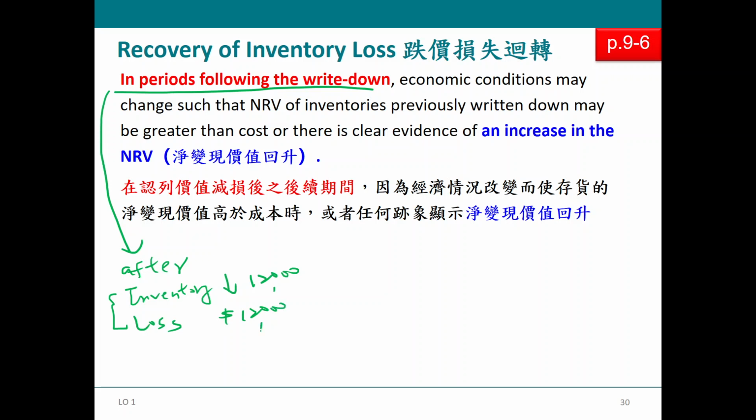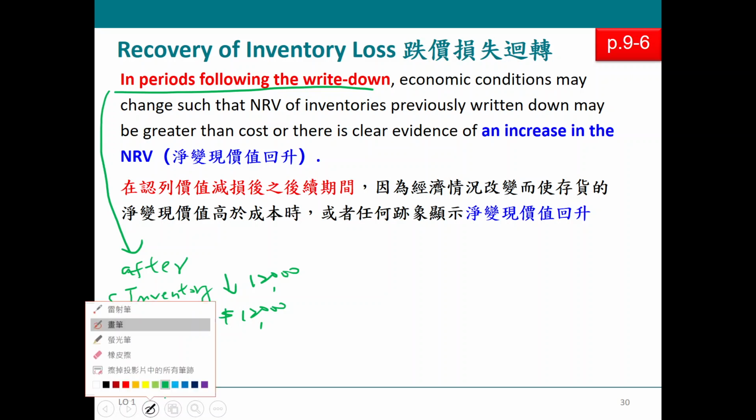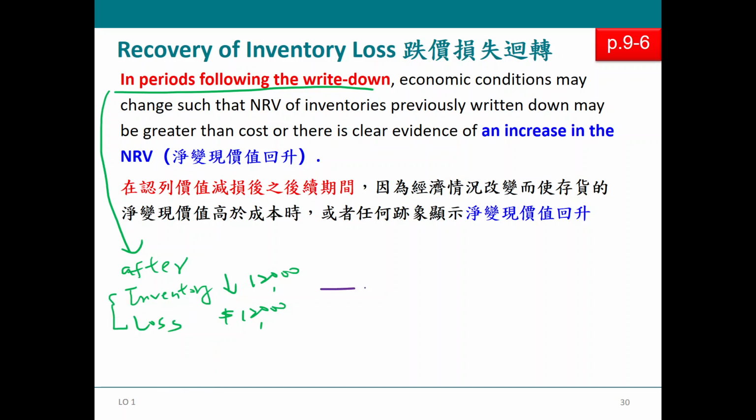Okay, after that you heard some good news, some good news happened, which made your value increase again.